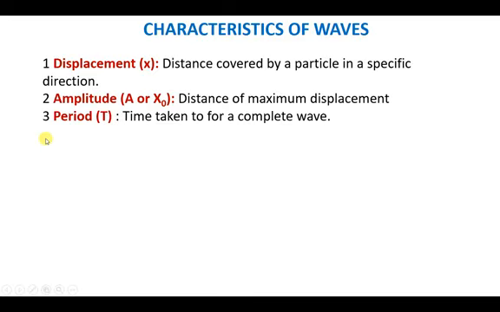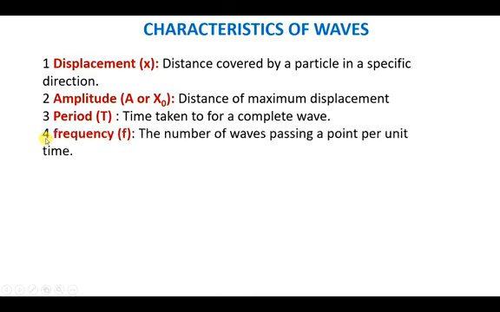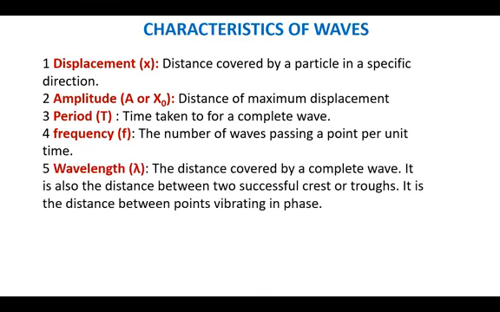Okay, so we talked about the frequency. The next thing we'll look at is the wavelength. The wavelength is simply the distance covered by a complete wave. So when a complete wave covers a particular distance, we call that distance a wavelength.